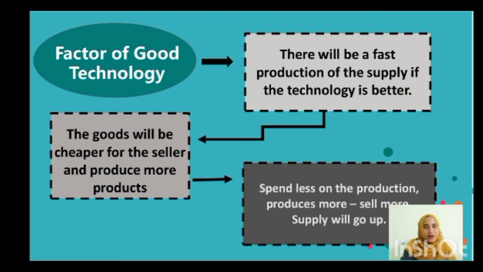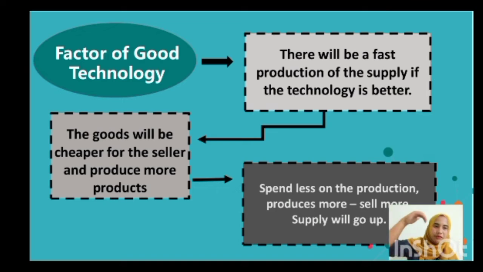So after that, if the production is fast, the goods will be cheaper for the seller, who can produce more products. So one factor is, if you have that good, advanced technology in producing your supply, or your product, you will produce more and you will sell it at a cheaper price, right?